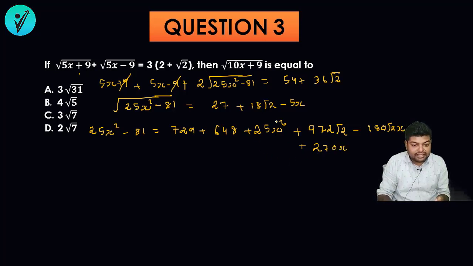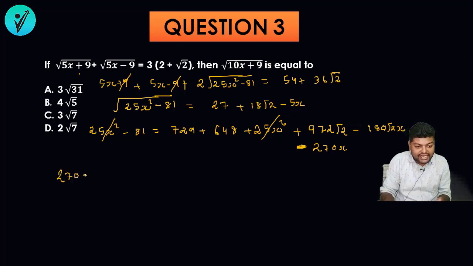Alright, now we can simplify this 25x square, 25x square. Also, we can take 9 common out everywhere. So if you take 9 common and shift the variables to one side and constants to the other side, this will be negative again, sorry. When you shift to that side, we'll have 270x.